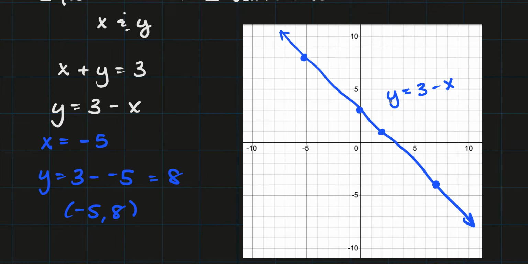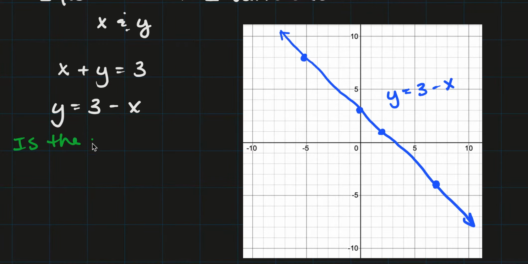All right, so something you'll see on your homework is they'll ask you if a particular point is on the line. Let's stick with this, y is equal to 3 minus x. So something I could ask you is, let's say, is the point 7, 7 on the line?